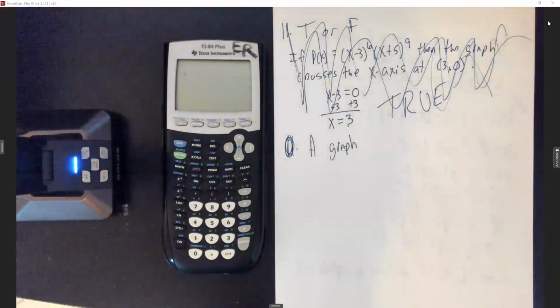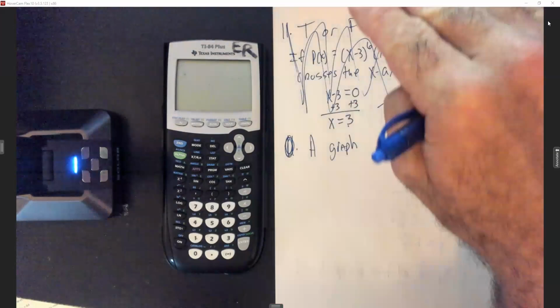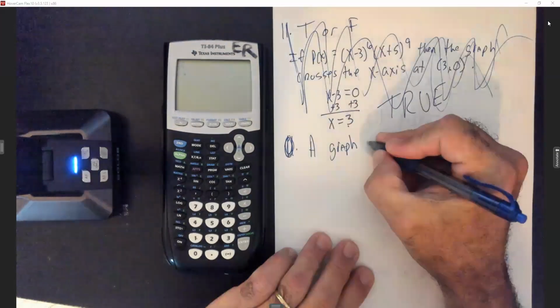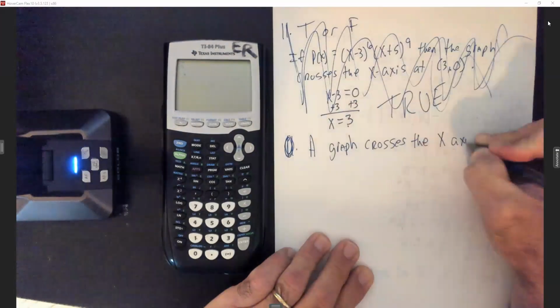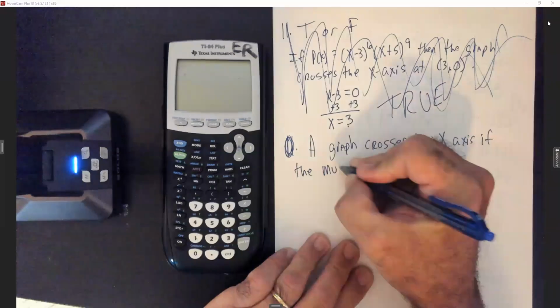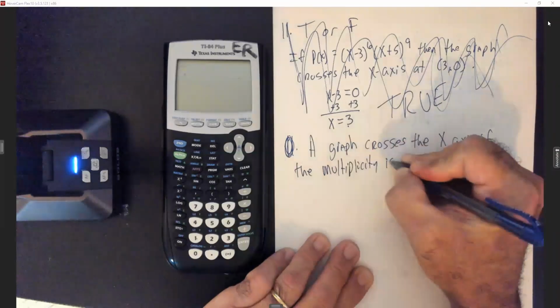What they want to know is, is it crossing the x-axis or is it tangent to the x-axis? A graph crosses the x-axis if the multiplicity is odd for that 0.